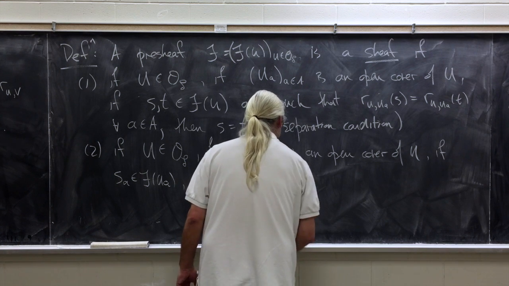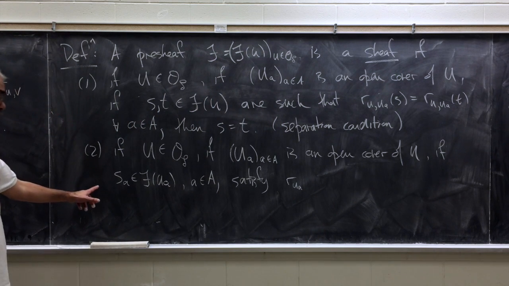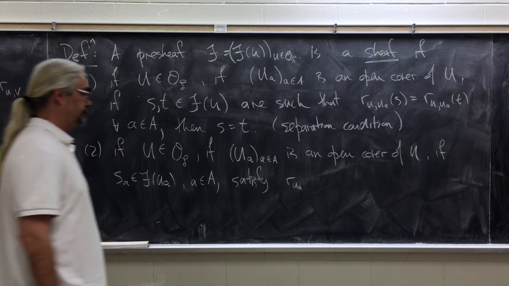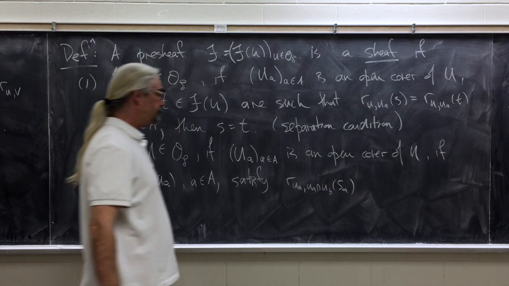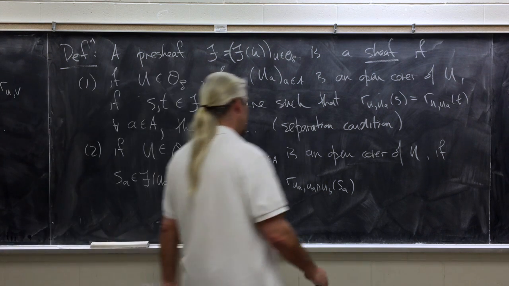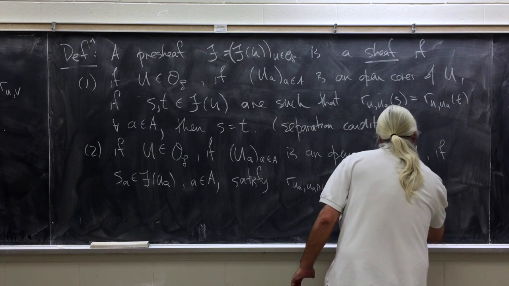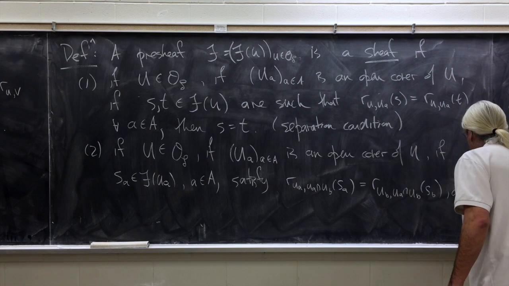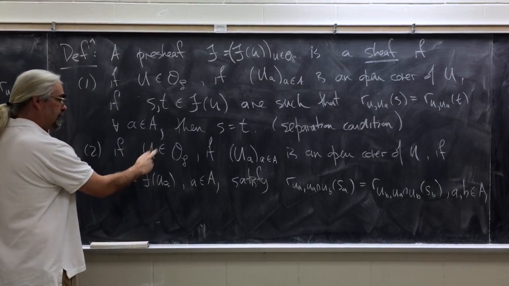The compatibility condition is that if you take S_A and you restrict it to the intersection of U_A and U_B, and you do the same thing with S_B, you take S_B and restrict it to U_A intersect U_B, and that has to be true for every A and B. Then there exists a local section over U that agrees with all these.